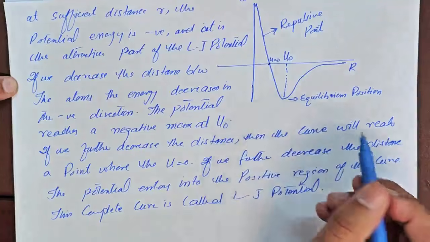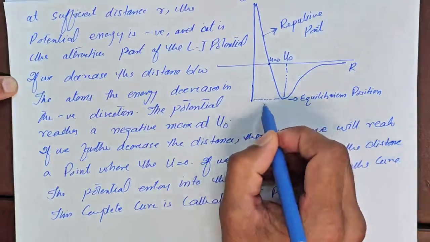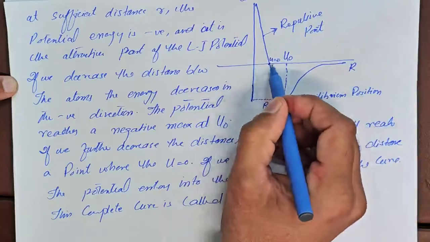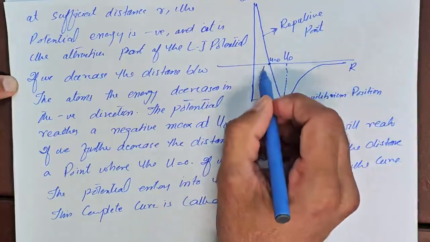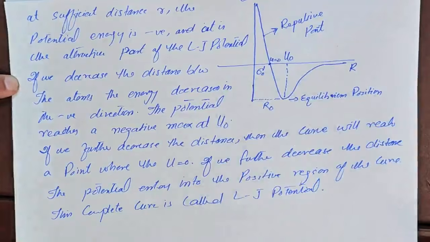The equilibrium position occurs at a distance of r naught, while when the potential is 0, the distance between the two atoms is sigma naught. We'll explain these r naught and sigma naught later.